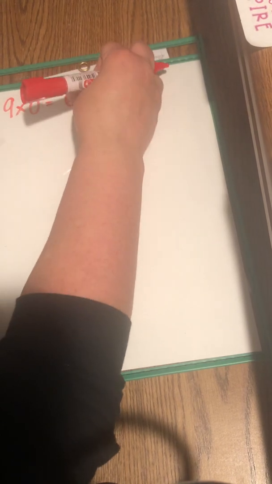So let me write that out, okay? So we know that 9 times 0 is 0. 9 times 1 is 9.